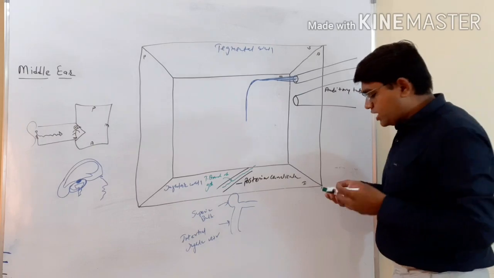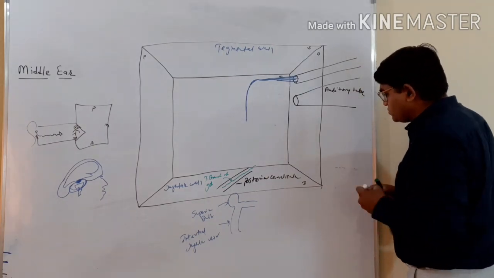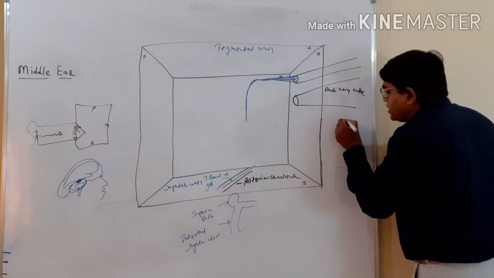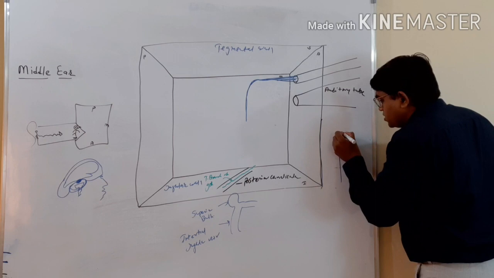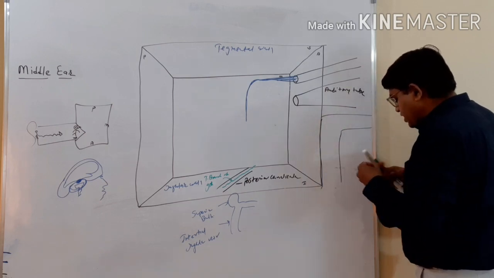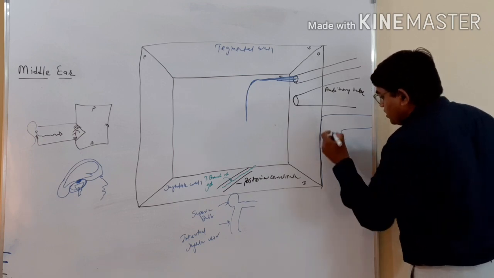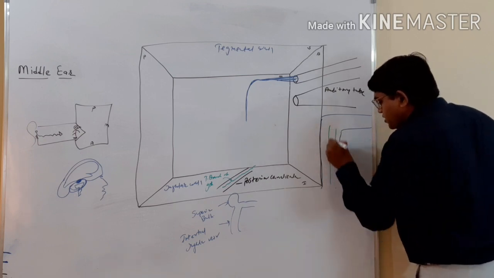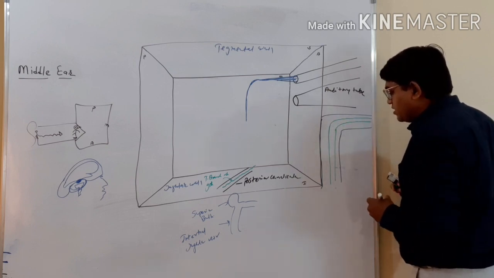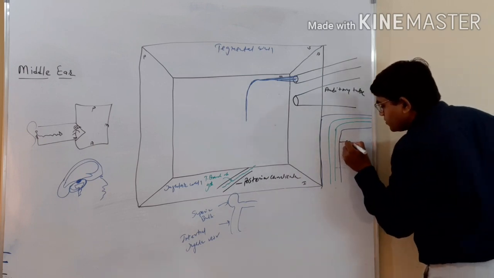So what is the carotid canal? The carotid canal is one bony canal which lodges the internal carotid artery. The internal carotid artery is present in this canal, and that is why it is known as the carotid canal.